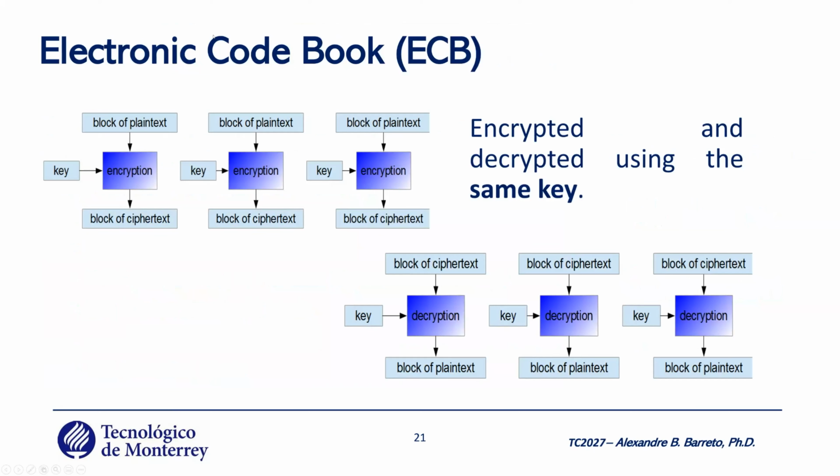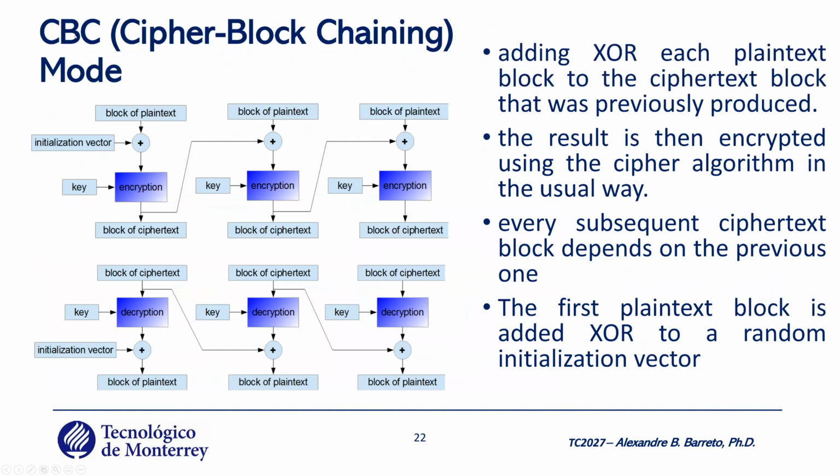For example, one type of cipher mode is electronic codebook. This model is very simple. You have a block, you use the key, and you get the block cipher. For the next block, you use the same key for encryption and get the block cipher, and so on. The CBC is a little different. You have the block of plain text, you use an initialization vector and an XOR operation in the encryption, and use the key, and you get the block cipher.